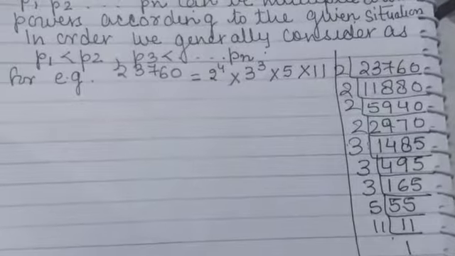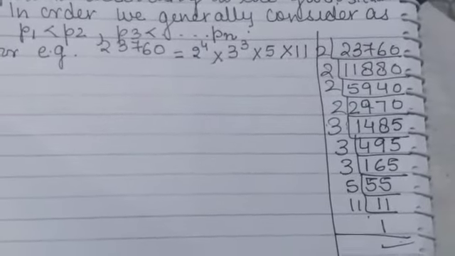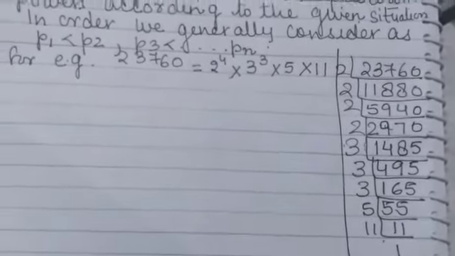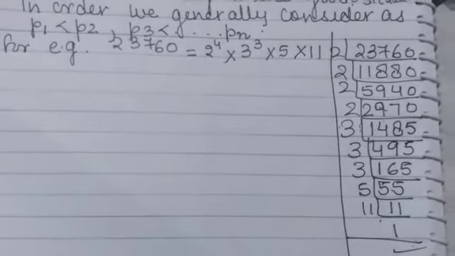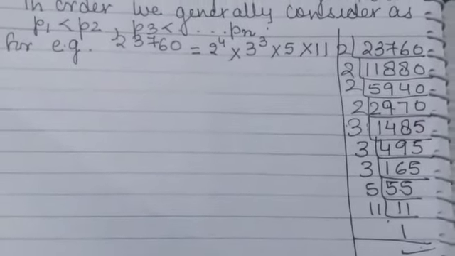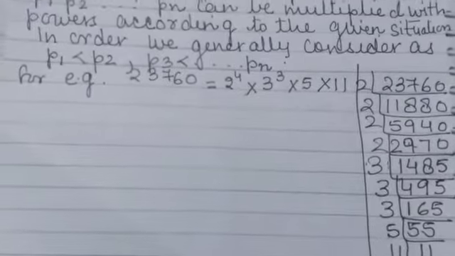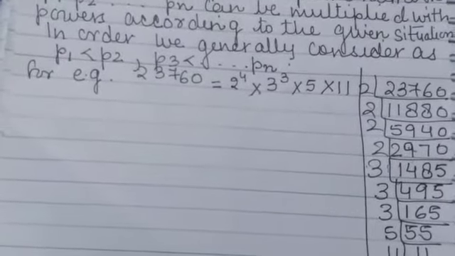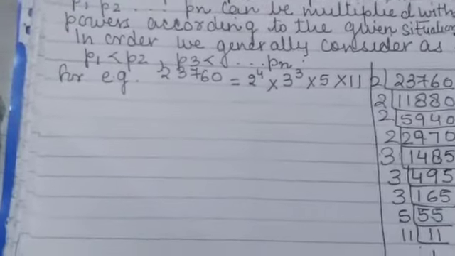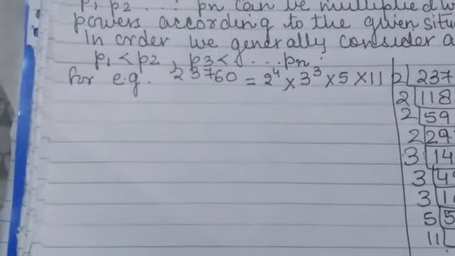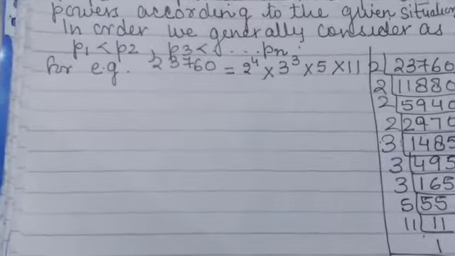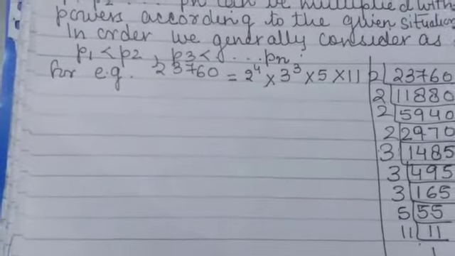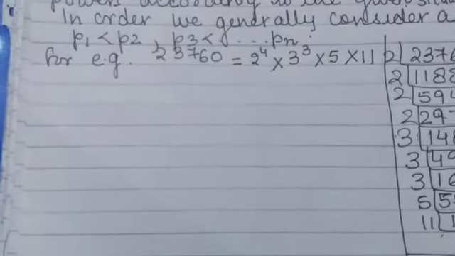Once we know it's not going with 2, then we start with 3. If it is not going with 3, then another prime number, then another prime number. So you can see 2 is smaller than 3, 3 is smaller than 5, and 5 is smaller than 11. Right. So I think the first theorem is clear to you. Now I'll do the second one with you.